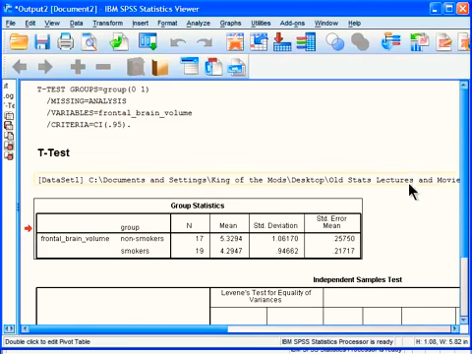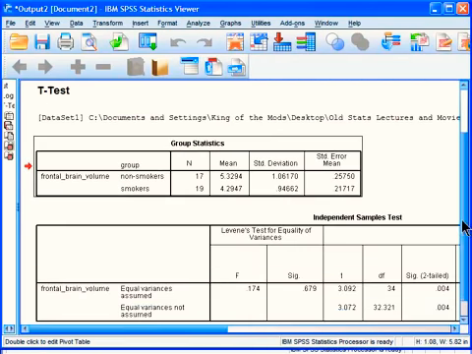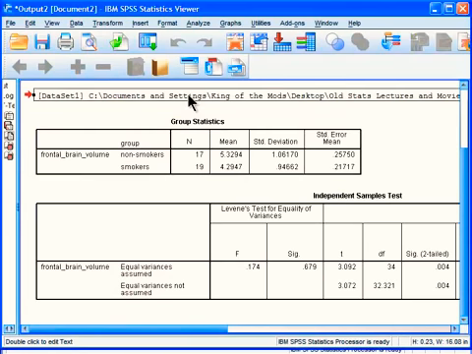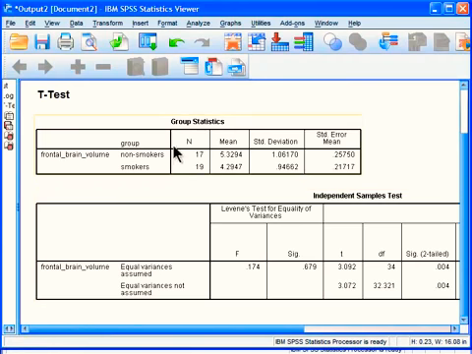Alright, so the first box that is visible in SPSS is the group statistics. We've got frontal brain volume, group non-smokers and smokers. Sample size in non-smokers was 17 and in smokers 19.